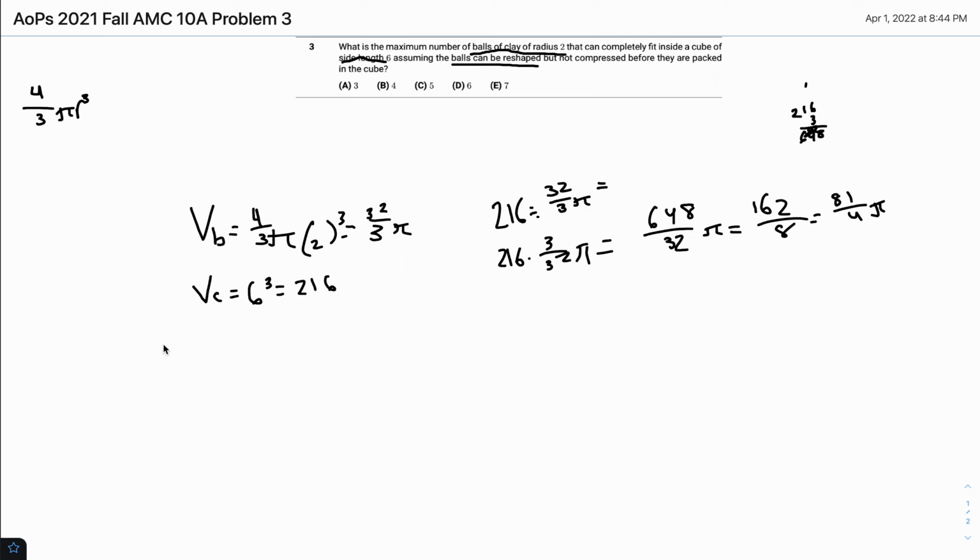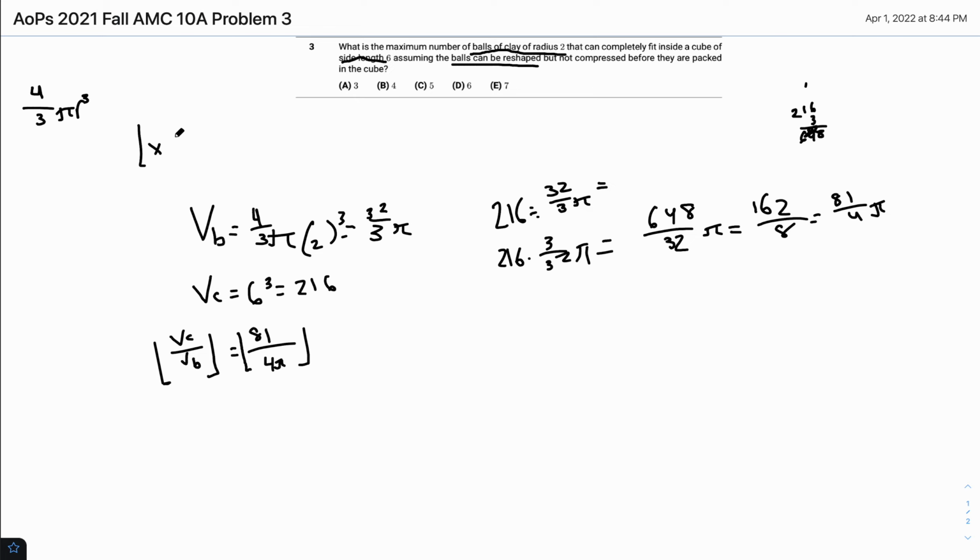And now we know that the floor function of VC over VB is the floor function of 81 over 4 pi. We do the floor function to find the greatest integer less than or equal to. So I'll just write this out here actually.